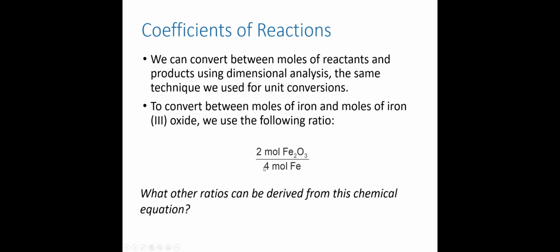I could use the relationships between iron and oxygen. So if you remember, on the balanced equation that we saw just a moment ago, there was a 3 in front of oxygen. So every 4 moles of iron reacts with 3 moles of oxygen up here. So there's ultimately a total of 6 different conversion factors that I could construct from that equation.